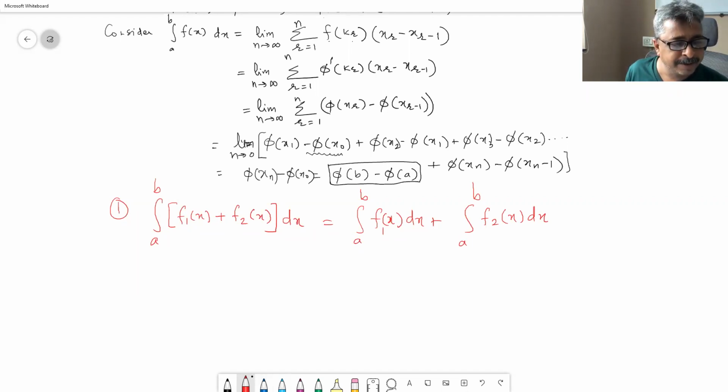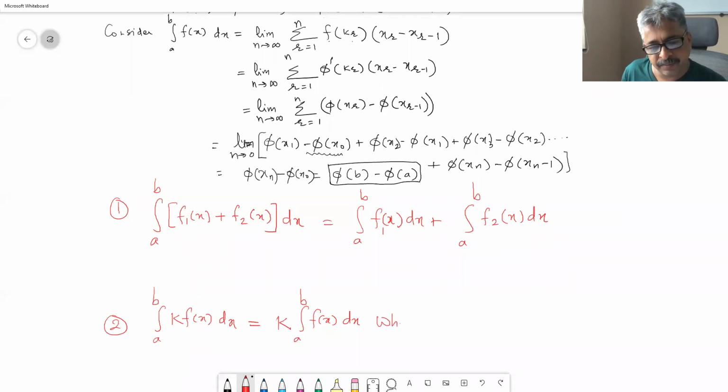Then second, integral a to b k times f of x dx is equal to k times integral a to b f of x dx, constant term you can take out common, where k is constant.